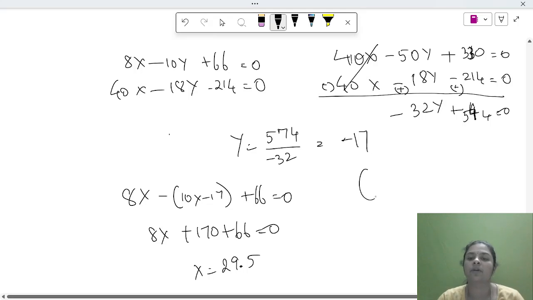So therefore your arithmetic means are 29.5 and minus 17. Arithmetic mean can be negative, don't worry. Okay, so the answer for the arithmetic mean comes just by solving the two equations. Is that clear, friends?